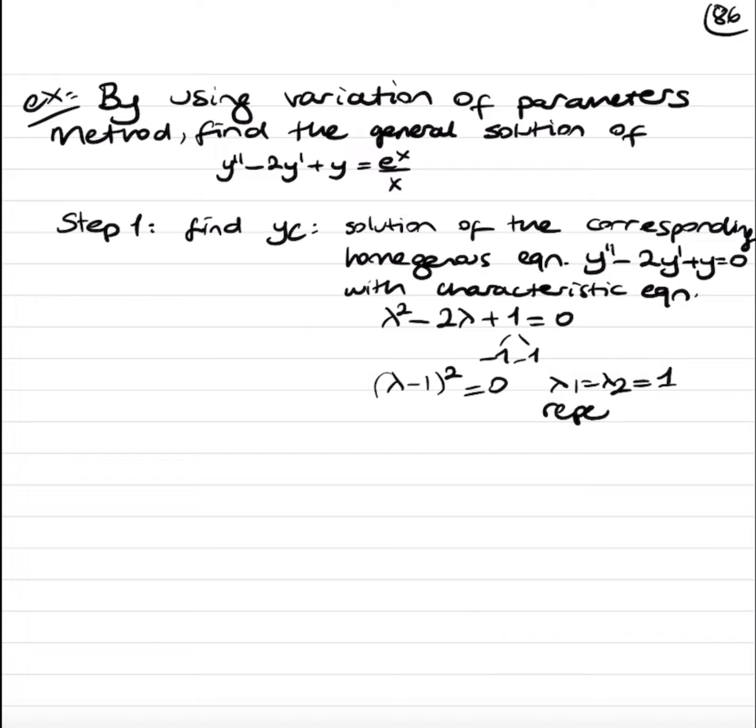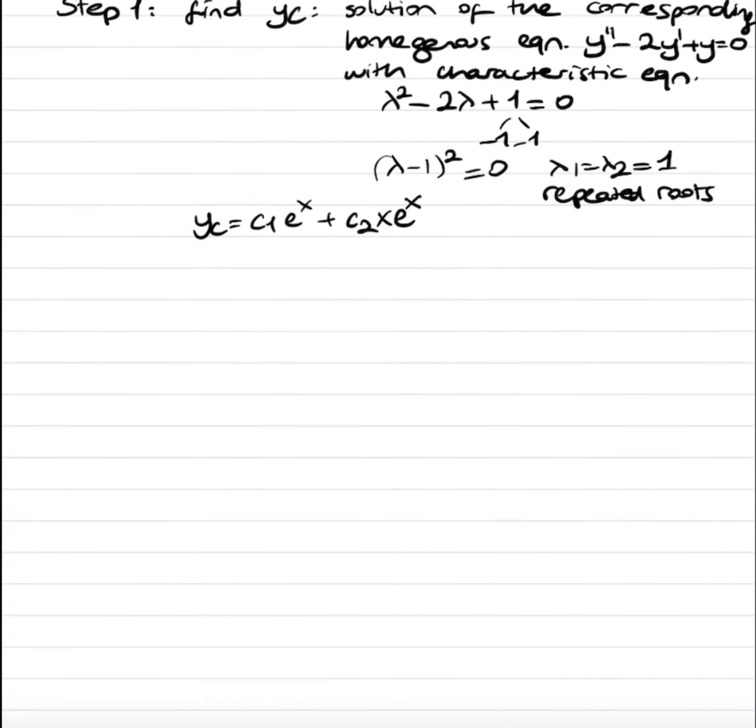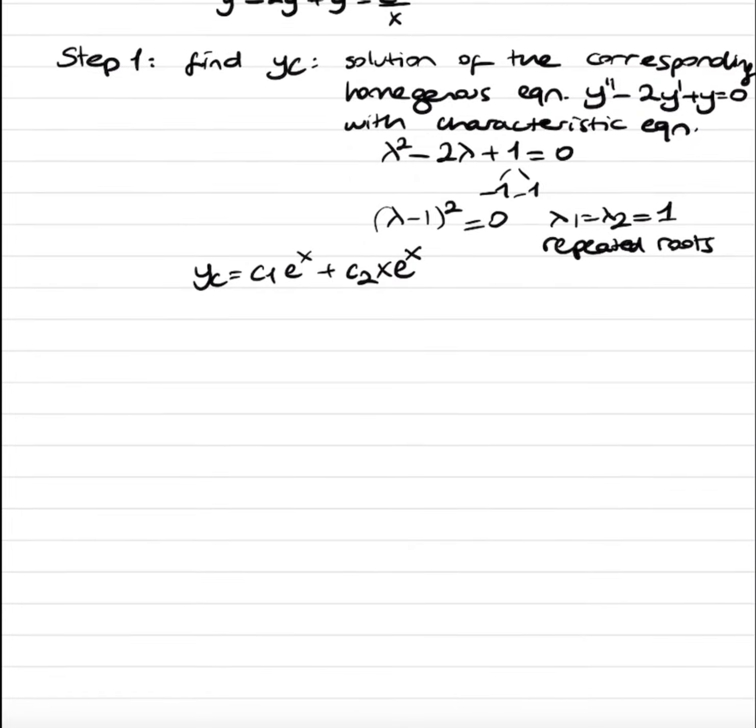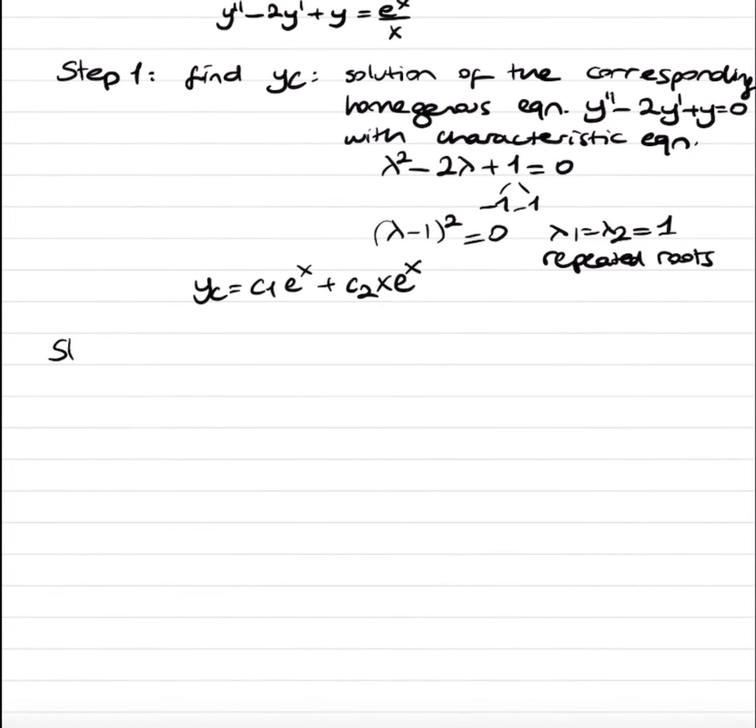In this case we know how to write the complementary solution, right? So c1 e to the power x plus, if we have a repeated root, then we multiply by x, c2 times x e to the power x. And in step 2 we will assume these constants c1 and c2 are functions u and v.